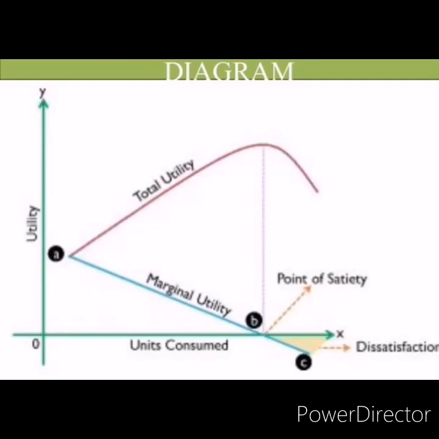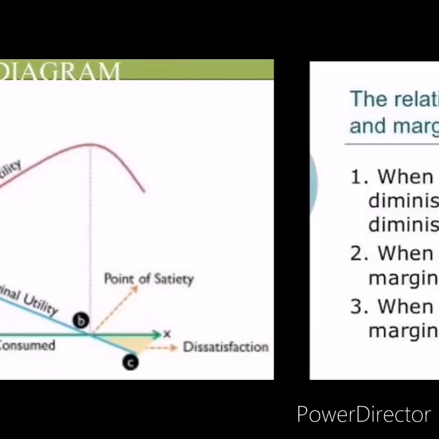When the marginal utility, the additional utility, becomes 0, that point where the marginal utility is 0 is known as the point of saturation. At that point the TU is constant or maximum, and when MU becomes negative, the TU starts decreasing. This is the relationship between TU and MU.